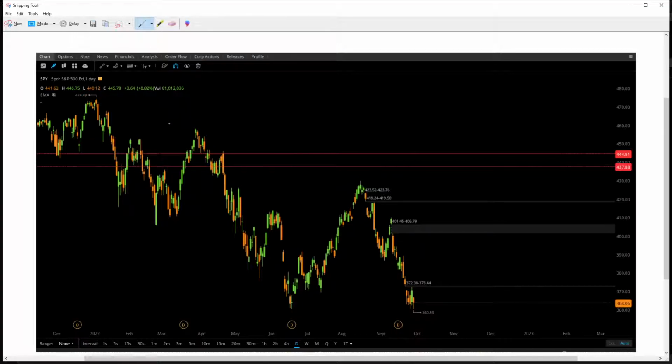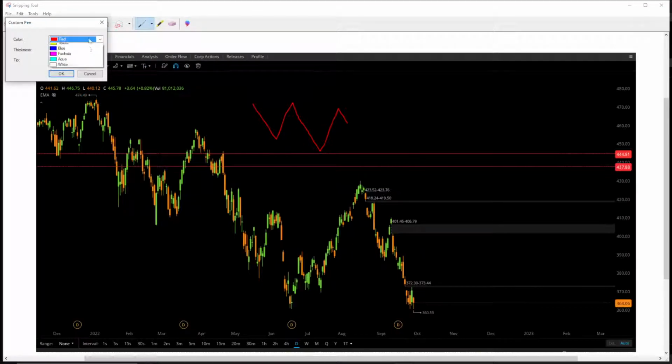Now I know there's debate about what this fractal could be, but from my own individual perspective, I think the SPY operates on a W, and this pullback here is seen basically every time.